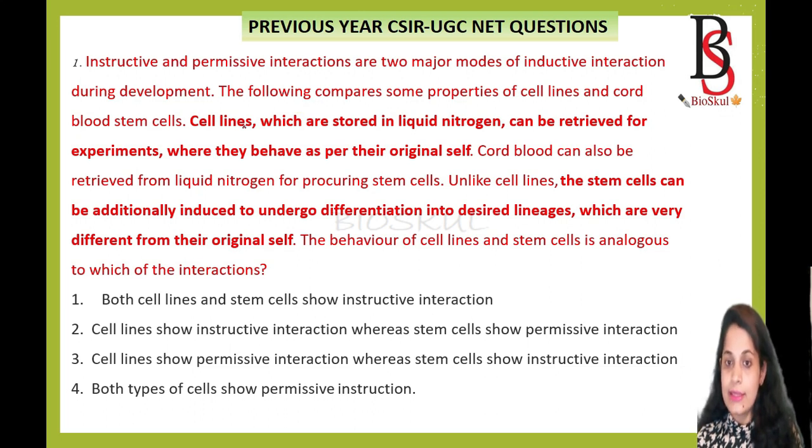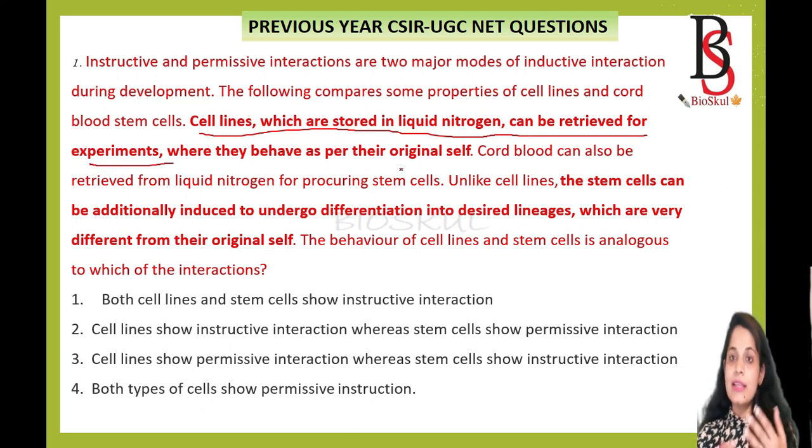The cell lines, which are stored in liquid nitrogen, can be retrieved for experiments where they behave as per their original self. The cord blood can also be retrieved from liquid nitrogen for procuring stem cells.